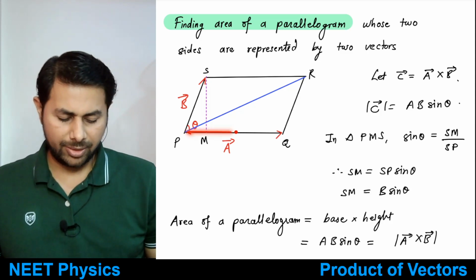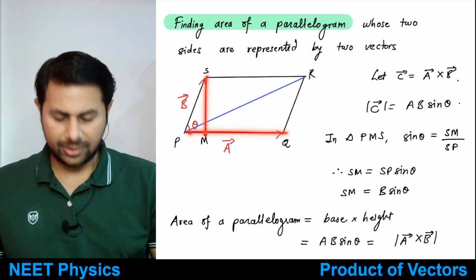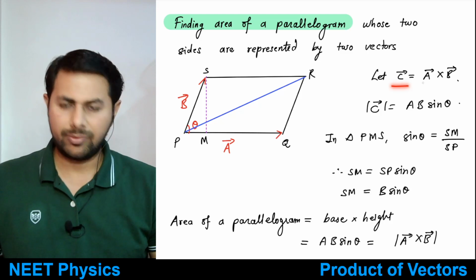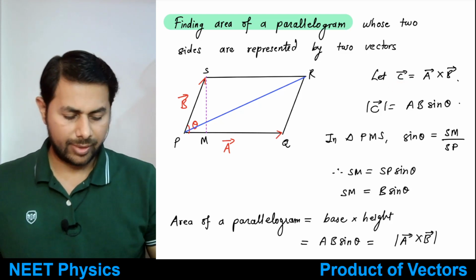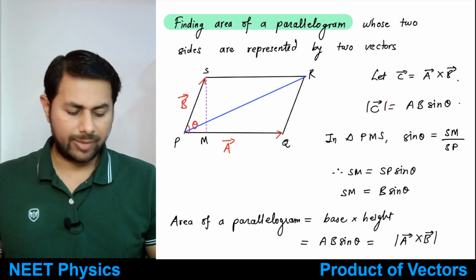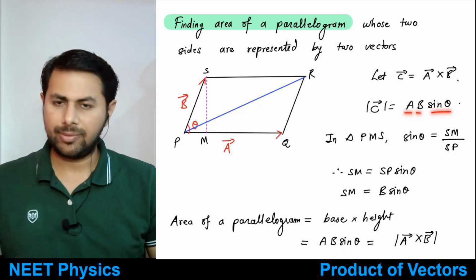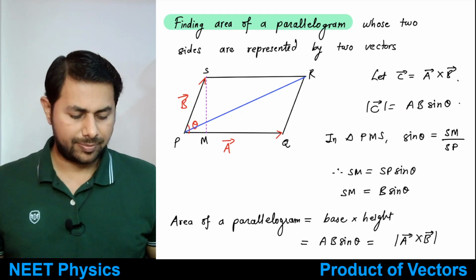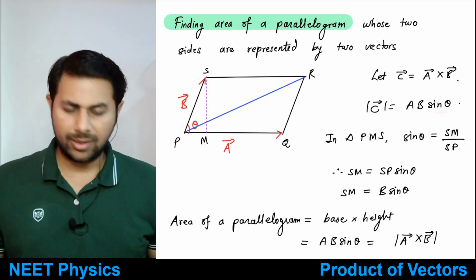So if I take the magnitude of this multiplied by B sin theta, I will get the area of this parallelogram. So C bar is A bar cross B bar, and the magnitude of C bar is A times B multiplied by sin theta, where theta is the angle between A bar and B bar.